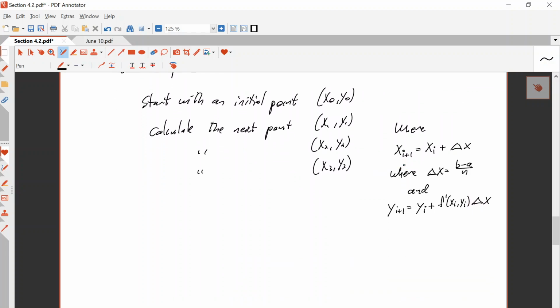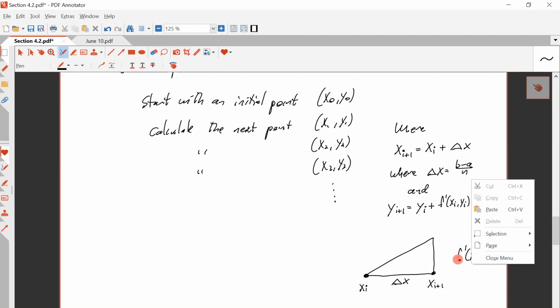Right, so the picture that you get looks like this. There's xi. Here's x(i+1), and this length here is delta x. And then this length right here is delta y, equal to f(xi, yi) times delta x.